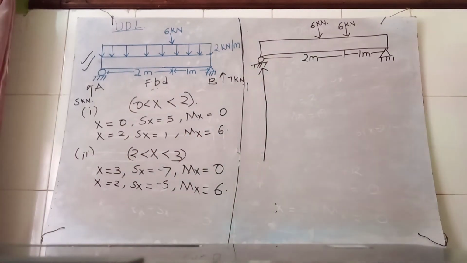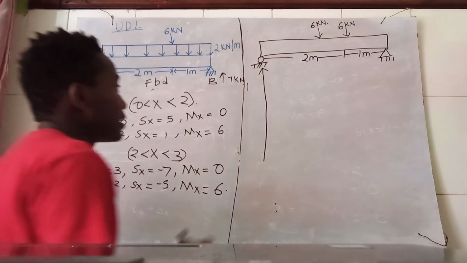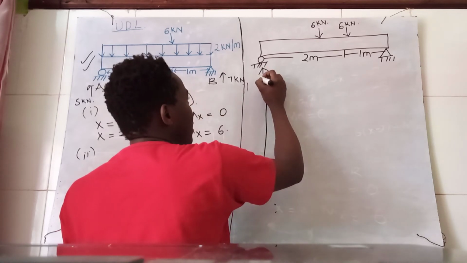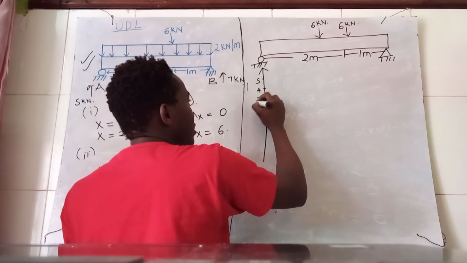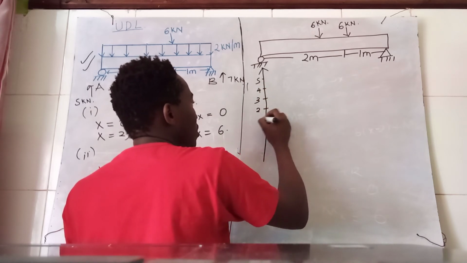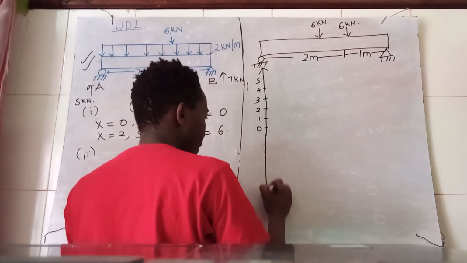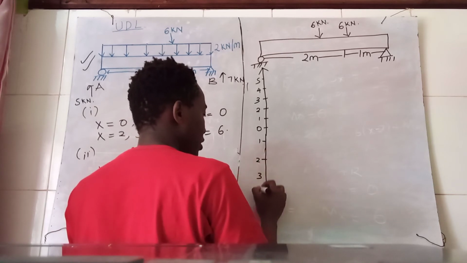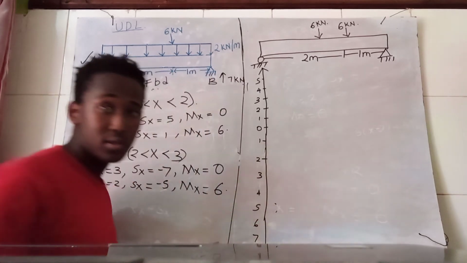So for shear force, the greatest value I have is a positive 5 and a negative 7. So I can start from 5 to 4, 3, 2, 1, 0, negative 1, 2, 3, 4, 5, 6, 7.